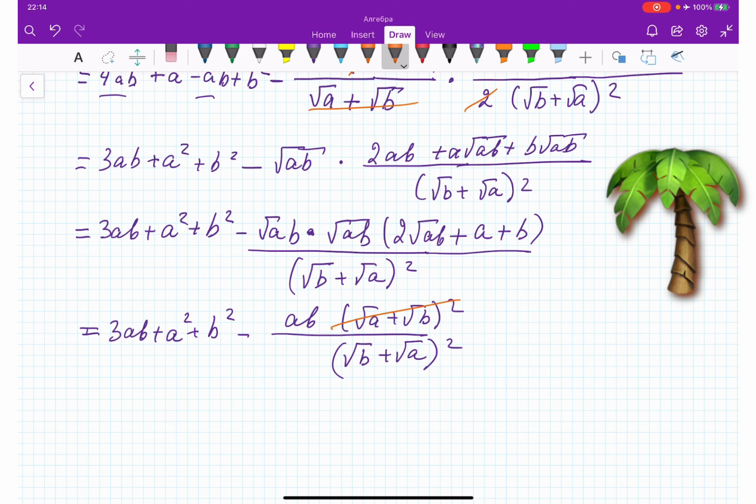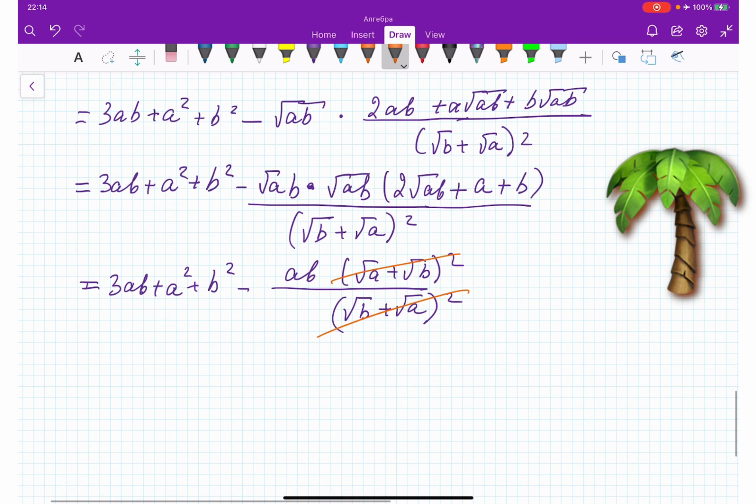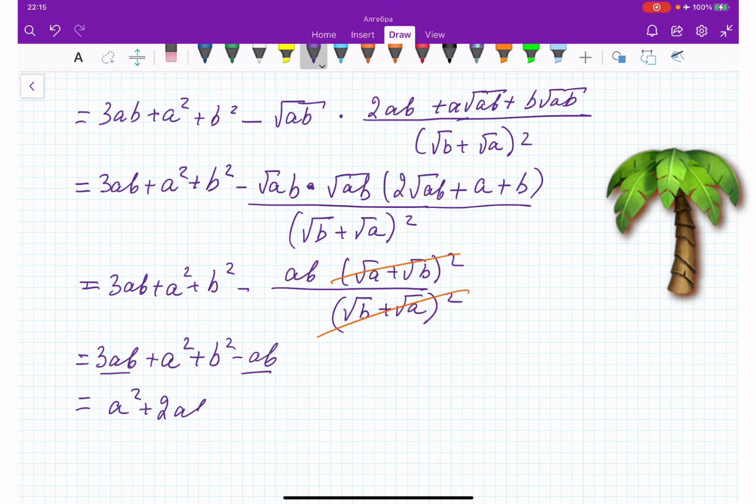This is going to cancel each other. And we are going to have 3ab plus a squared plus b squared minus ab. And from here, we get like terms, a squared plus 2ab plus b squared, which is going to be a plus b squared.